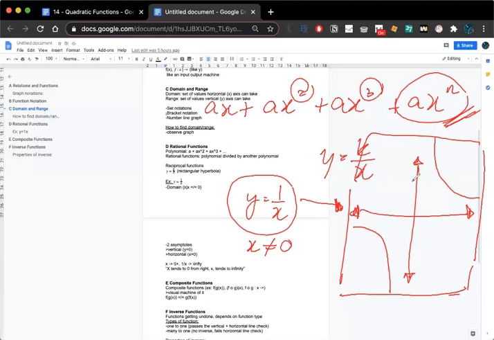Because the value at 0, as seen on this graph, is basically infinity, or if not infinity, it would be undefined. Therefore, any value that you want to insert in this graph is all right as long as it's not 0. And then the second property that you can observe from this would be that they have two asymptotes.